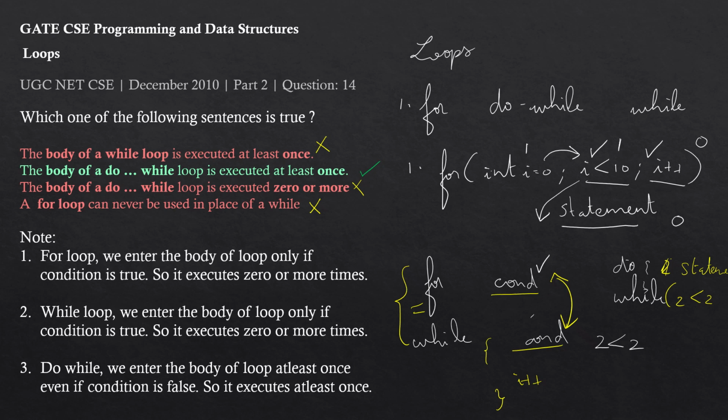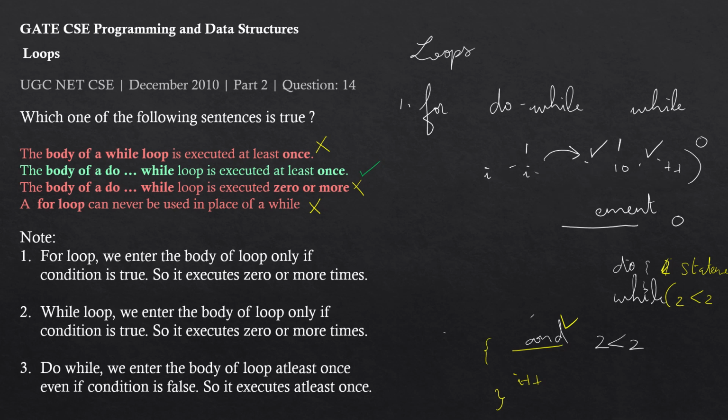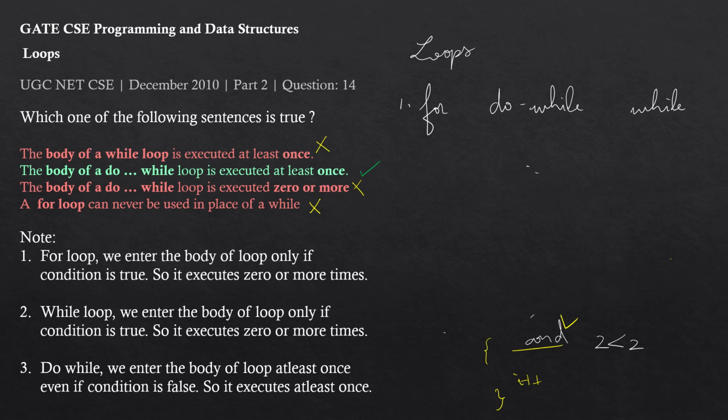Let's have a quick review of everything we learned today. A for loop has 3 parts: the initialization, the condition, and the increment. How many times does the initialization run? Only once.